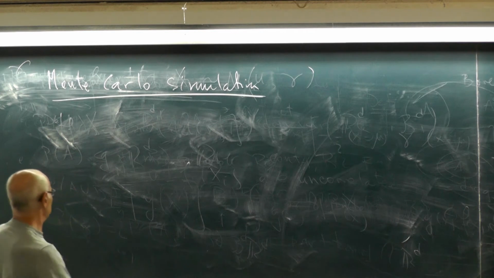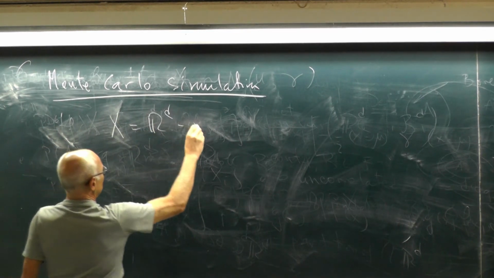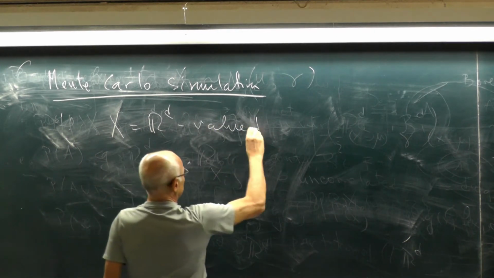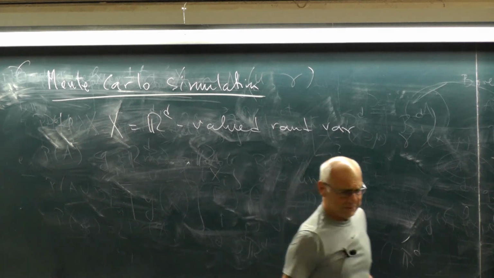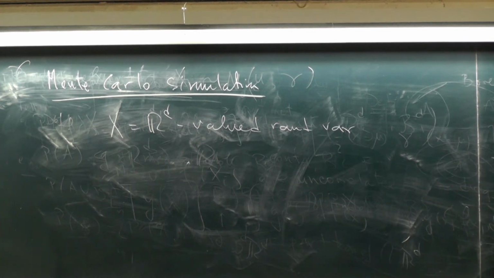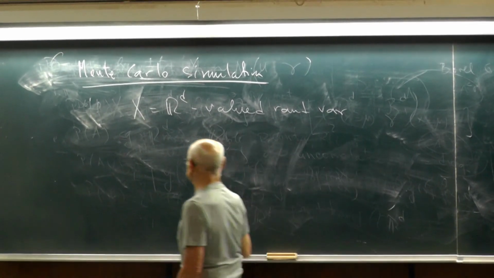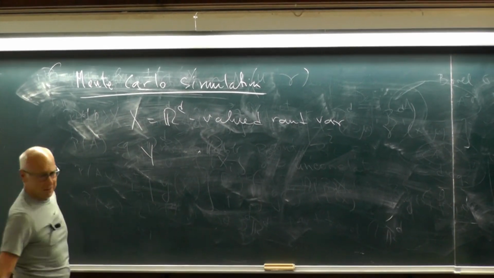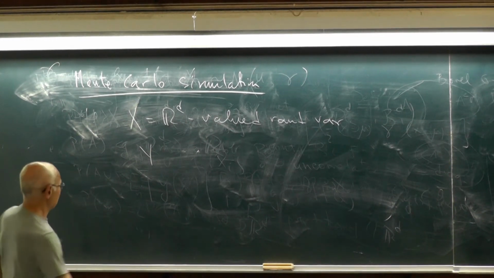So our setting is the following. X is an R^d valued random variable. It doesn't have to be Gaussian, right? Random variable. And Y is an output, and just to write it simply, I'm going to assume that it's real valued.